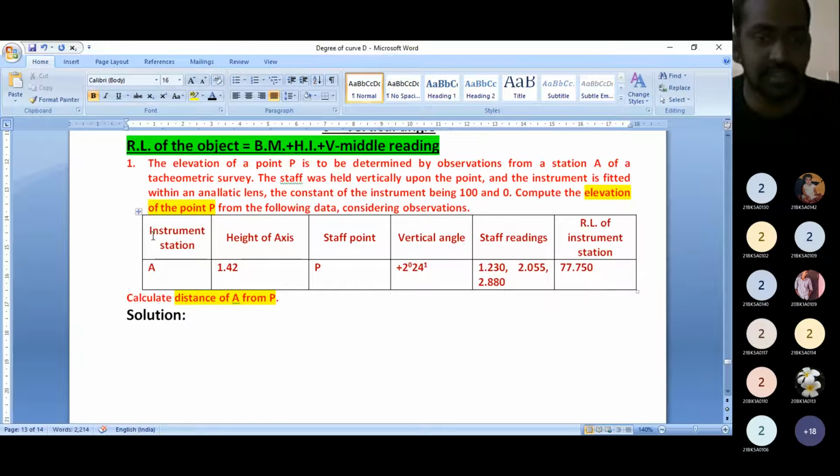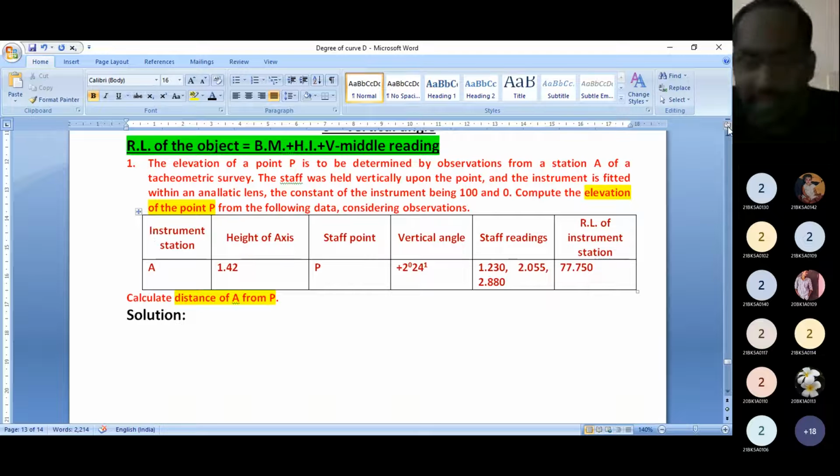See the table here. Instrument station is A, the height of the axis is given as 1.42, and the staff point is P. The vertical angle from A to P is 2 degrees 24 minutes, and staff readings at P were given as 2.230, 2.055, 2.880.